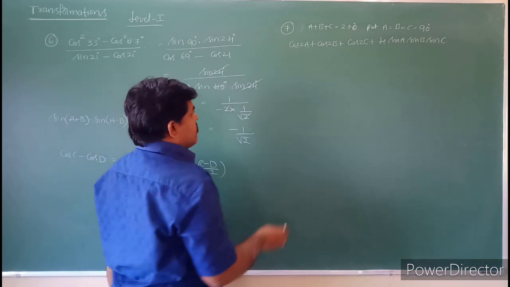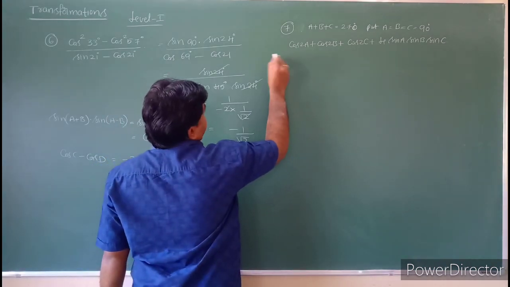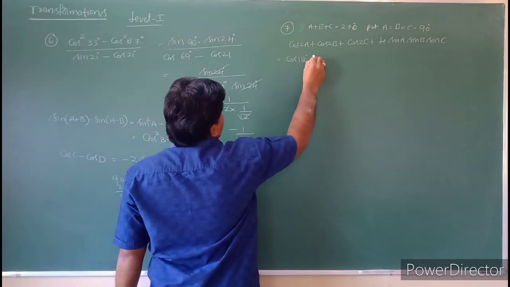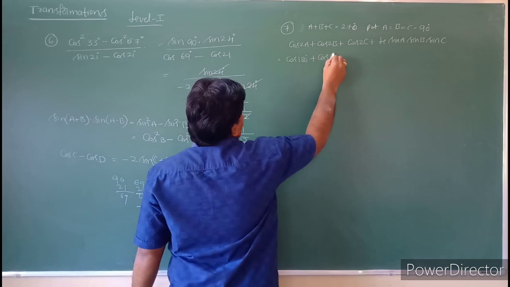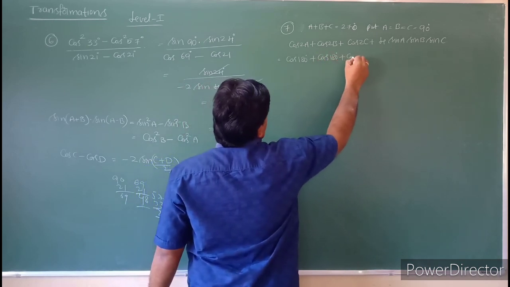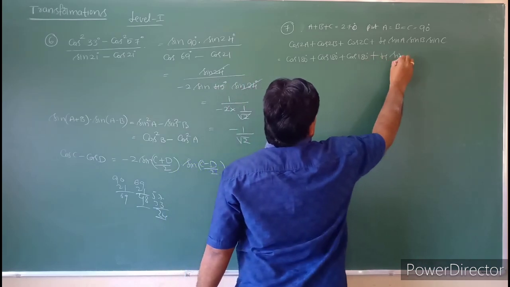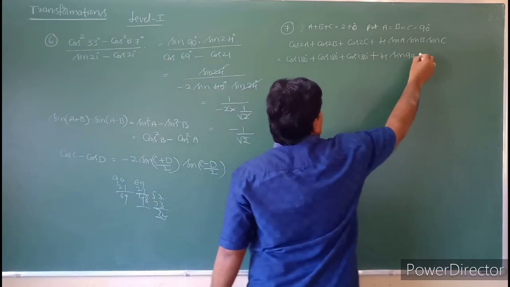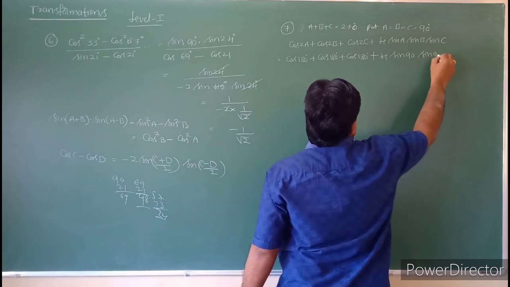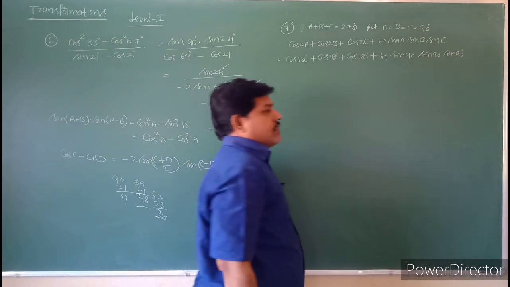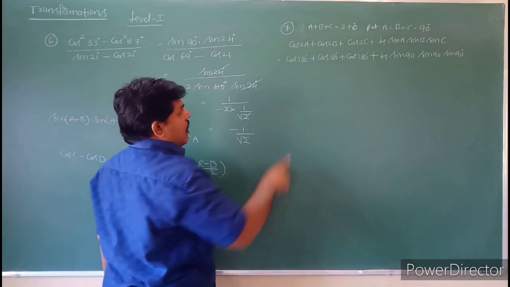What happens? See this one, students. That implies cos 180 degrees plus cos 180 degrees plus cos 180 plus 4 sin 90 sin 90 sin 90 degrees.